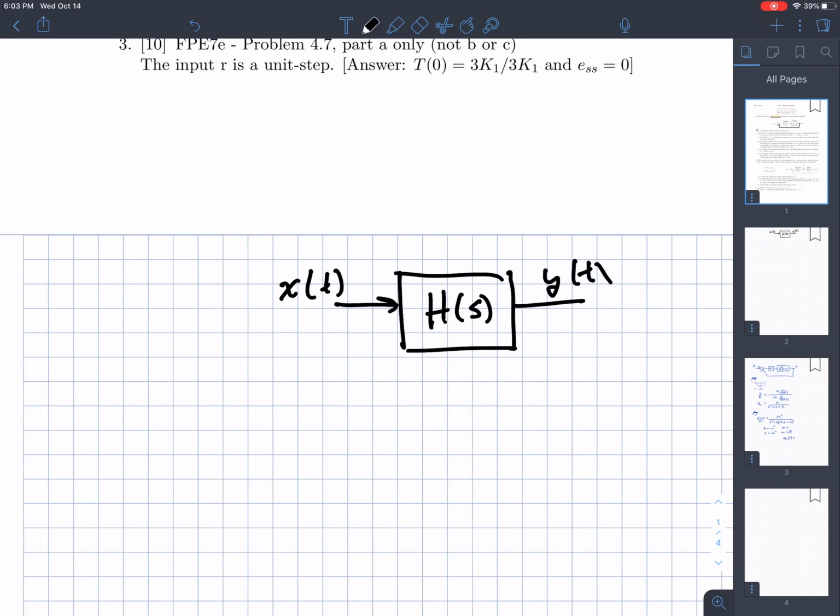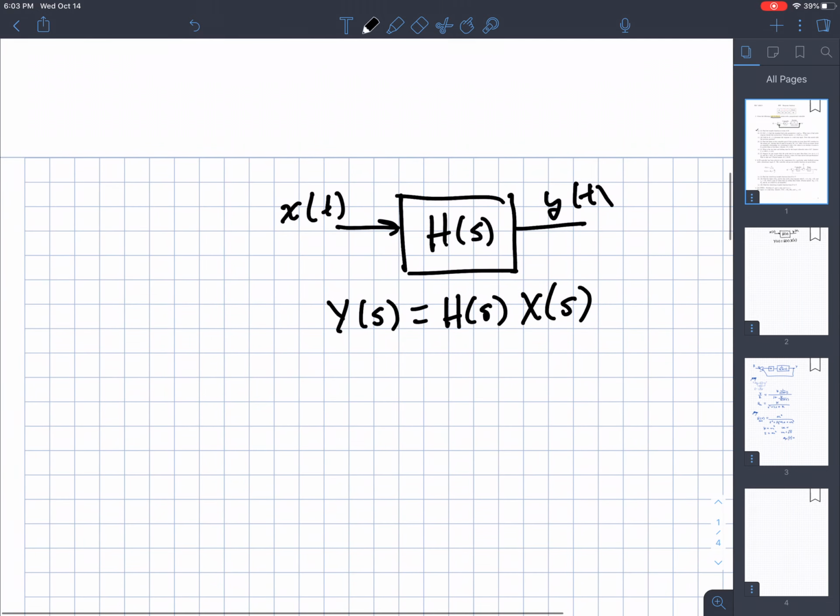Linear time invariant system theory tells you that you can find Y of s to be H of s times X of s. It's Laplace transform theory. Laplace transforms turn differential equations into algebra. We did some work on writing differential equations and turning those into transfer functions. And algebra is a lot easier to deal with.